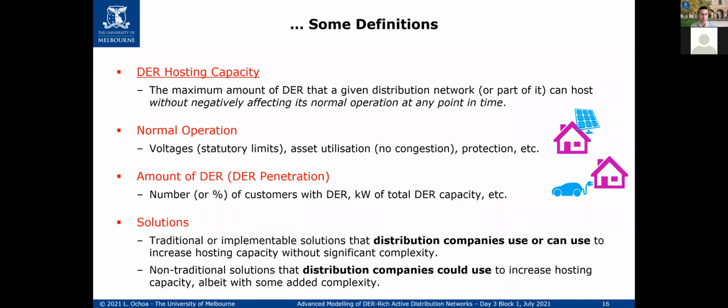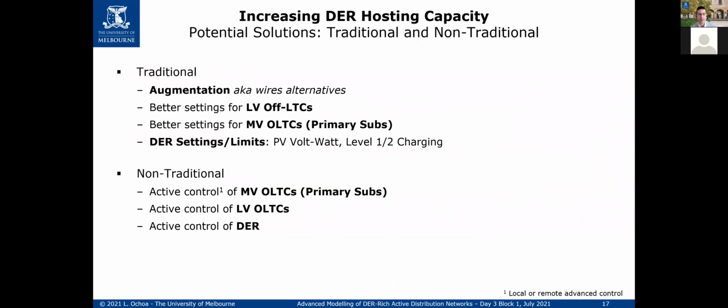So the moment that we talk about active control, and all the context of OPF, that we're going to go back to, it is really about active control or planning with more futuristic controls. Those are futuristic, unfortunately, to some extent. And if it's futuristic and it still requires some other type of infrastructure to be implemented, then that is naturally non-traditional. Eventually, it might become traditional because that's what we do normally, but today it's not.